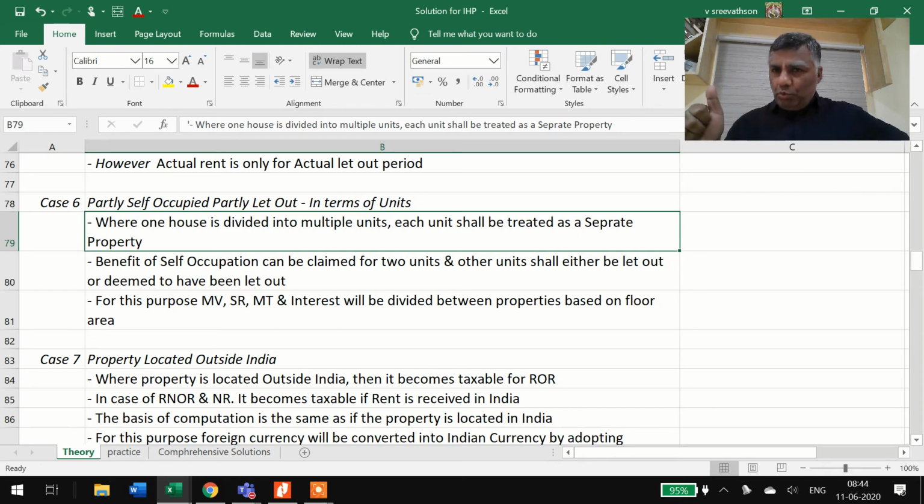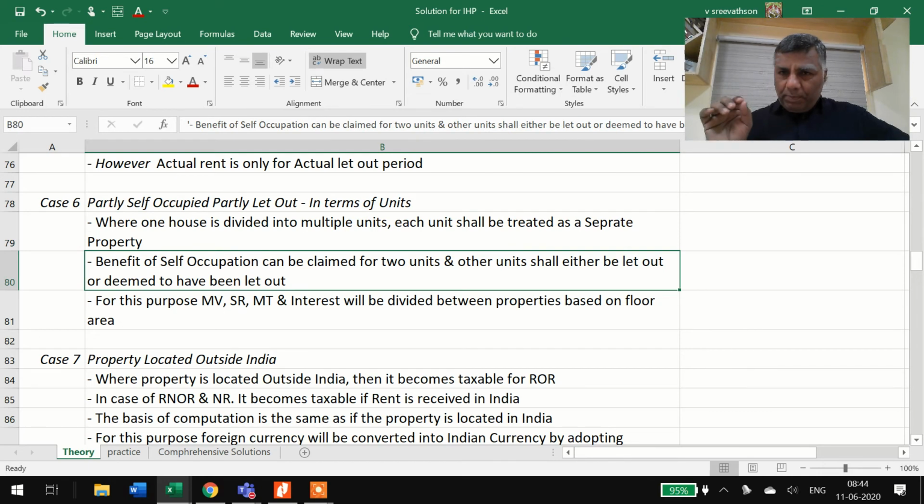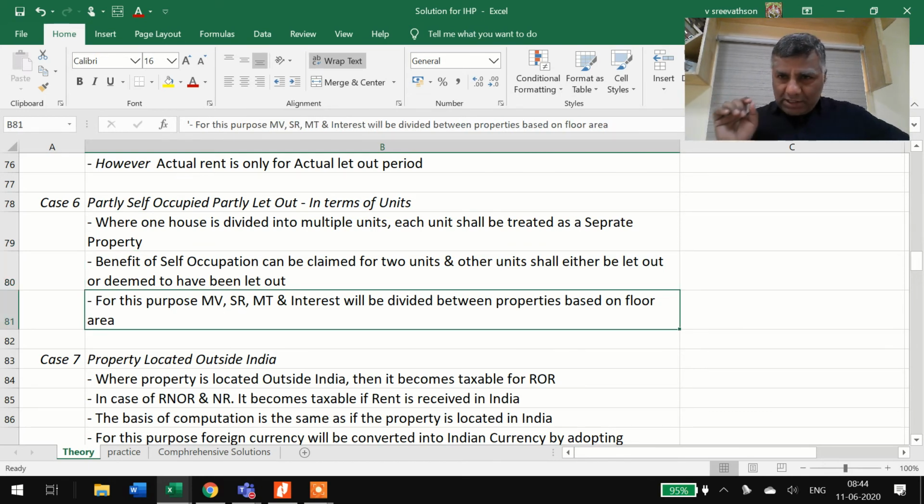So unit 1 let out, unit 2 self-occupied. Benefit of self-occupation can be availed, here it is only one unit, not a problem. For this purpose, MV, SR, MT and interest will be divided based on floor area. Here equal floor area.